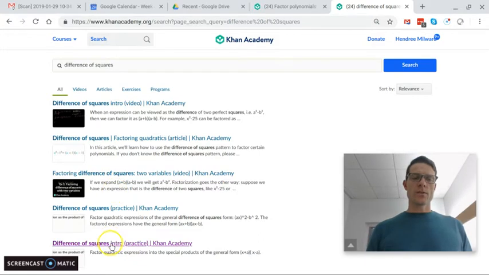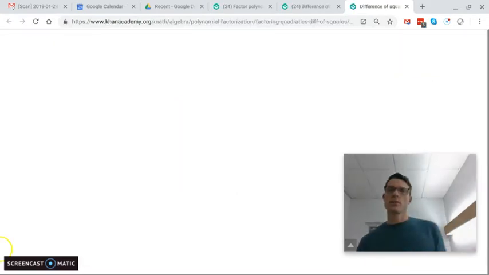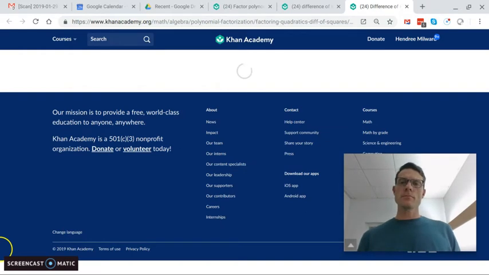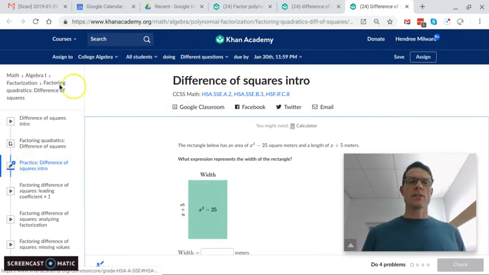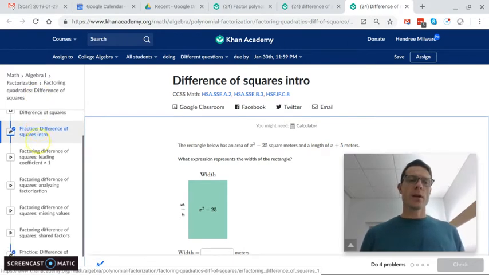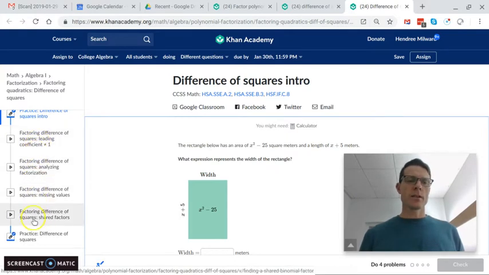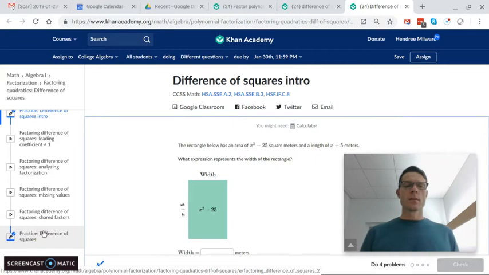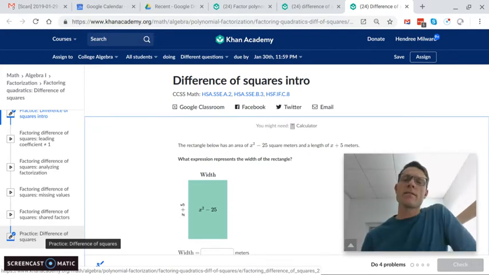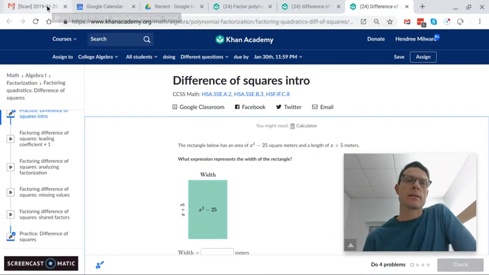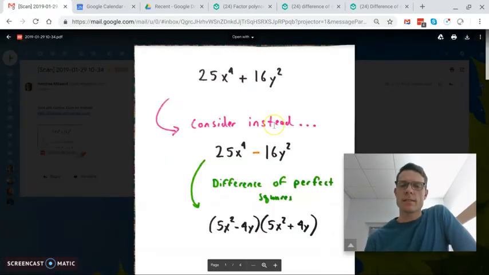Just hit difference of squares intro here, and it'll give you this whole little section on difference of perfect squares, where you can watch an intro video, do an intro practice, more videos, and then a full-on difference of perfect squares practice, where you can practice doing it. And this is the non-complex version of it. But you really need to have this down before the complex one. Okay, so hopefully that makes sense.